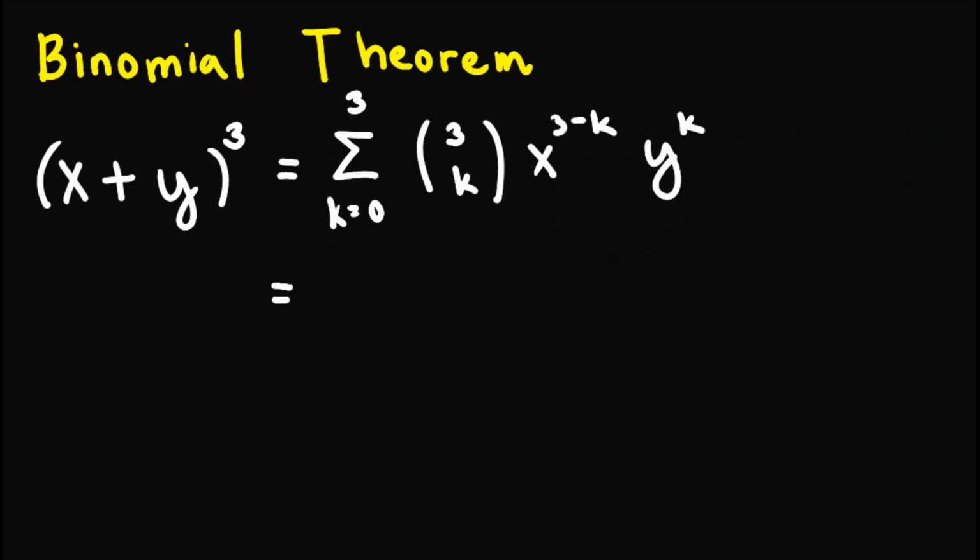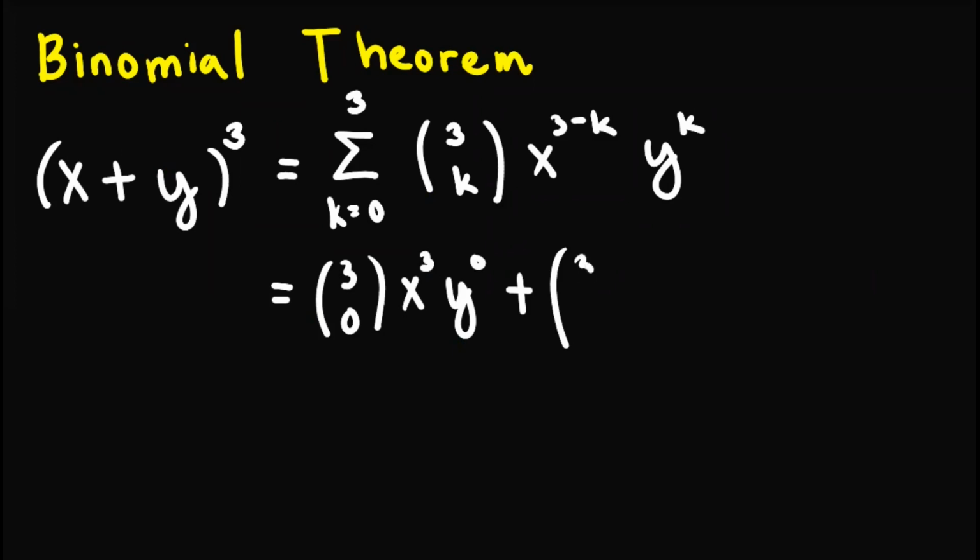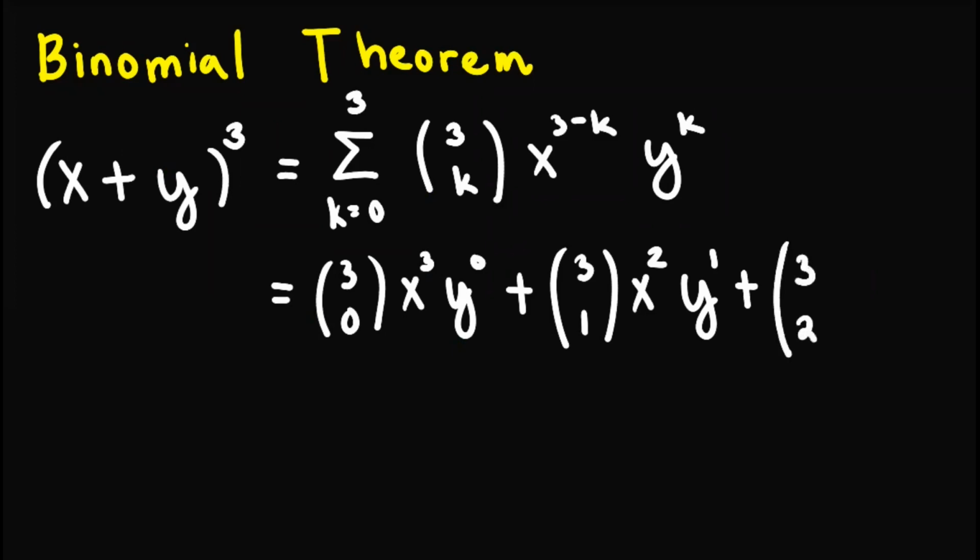And so we have, at k equals 0, 3 choose 0, x raised to 3 minus 0, or simply 3, and y raised to 0, plus at k equals 1, we have 3 choose 1 of x raised to 3 minus 1, which is 2, times y raised to 1, plus 3 choose 2 of x raised to 3 minus 2, which is 1, times y raised to 2.